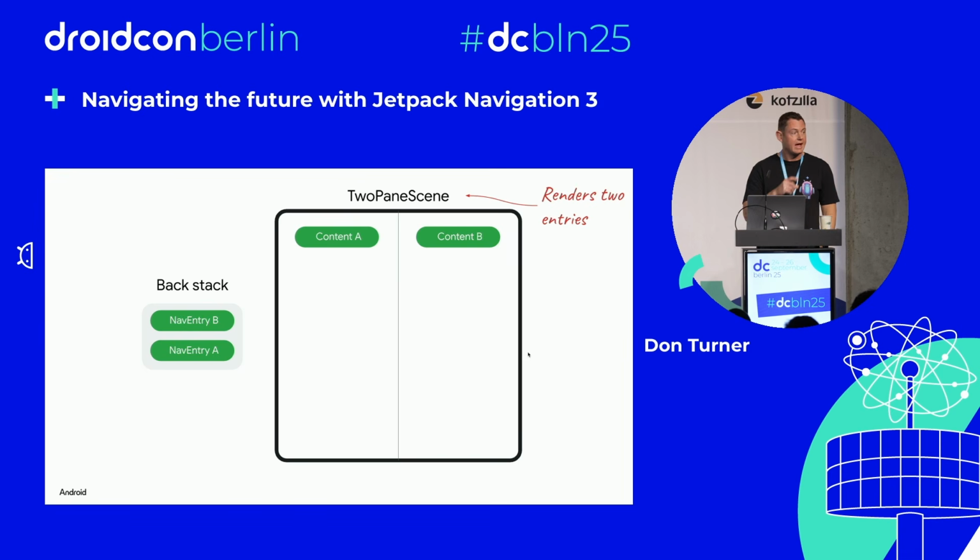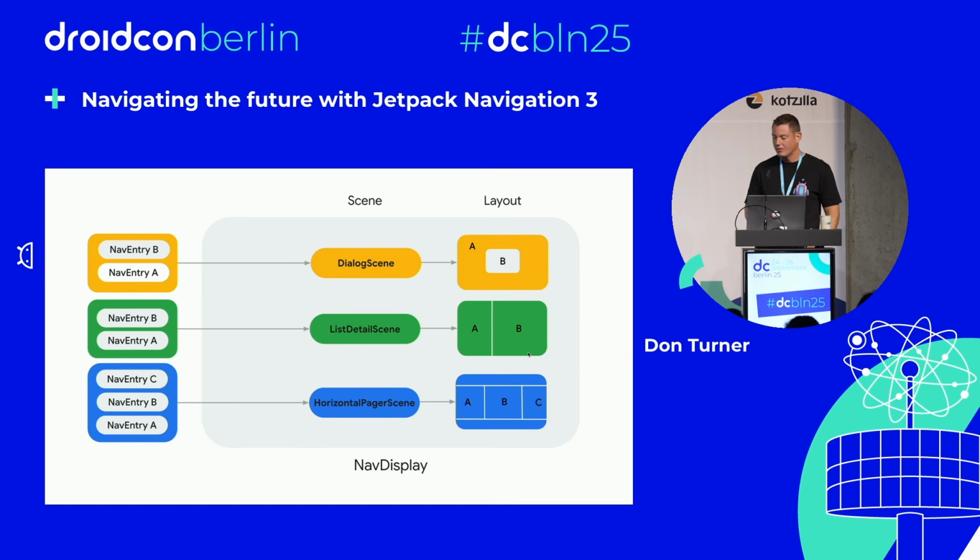You could create a two-pane scene that does this. Scenes allow you to define different layouts for different scenarios. So you can define scenes for showing a dialogue, a side-by-side list detail, a horizontal pager, or really any other layout that you need.